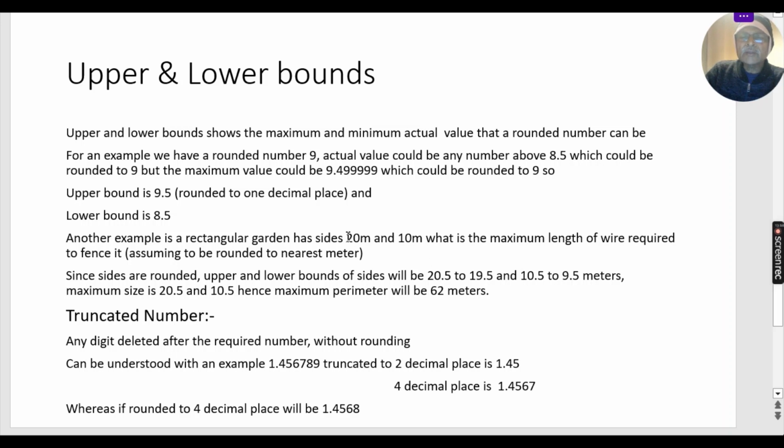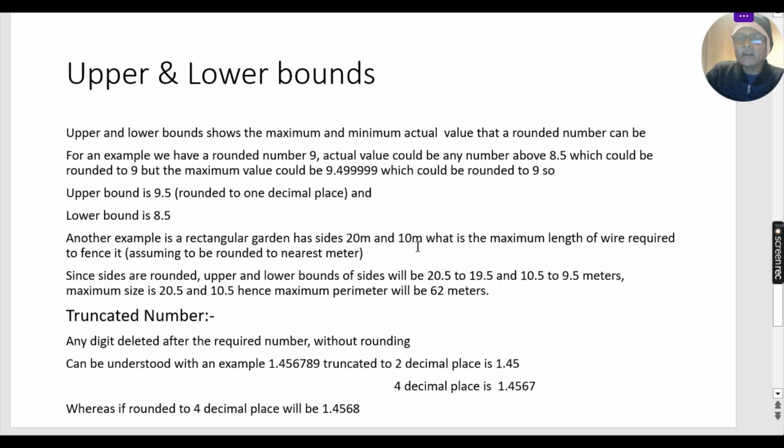Since these are rounded figures, 20 and 10, what maximum value can 20 have? The 20 can have a value between 19.5 and 20.5. That means the upper bound for this 20 is 20.5.